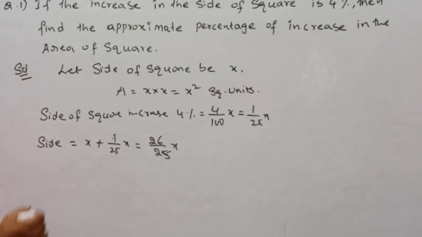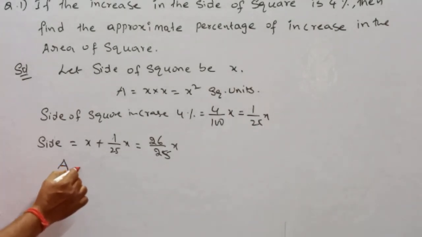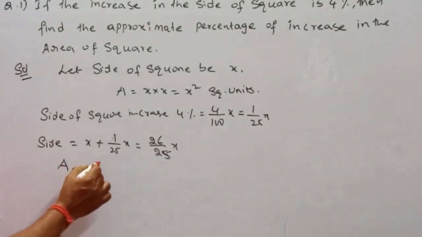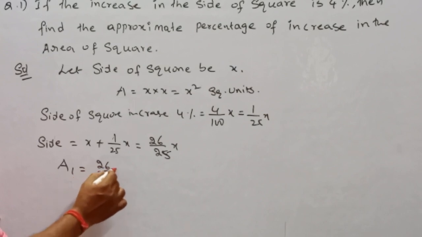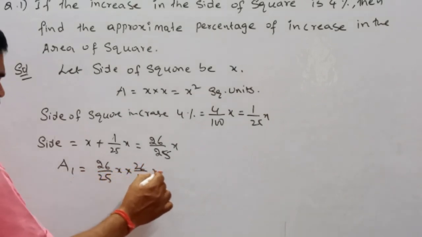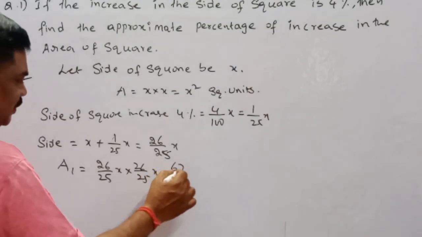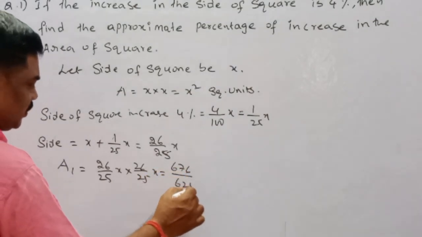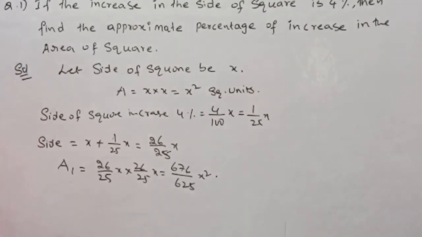Okay. Then what is the new area? Area is equal to 26 by 25 x into 26 by 25 x, which is 676 by 625 x square.